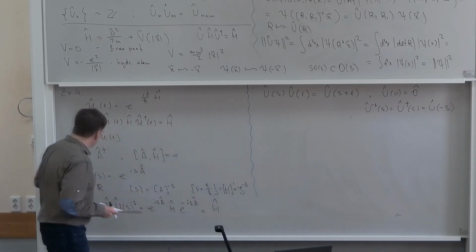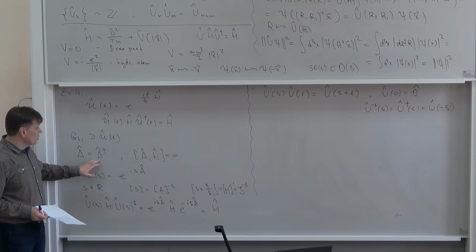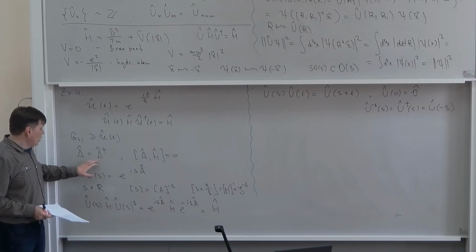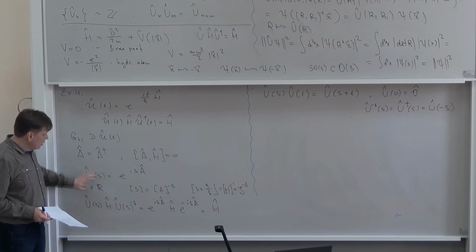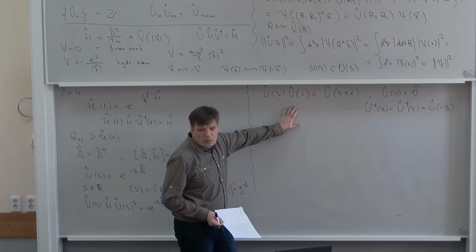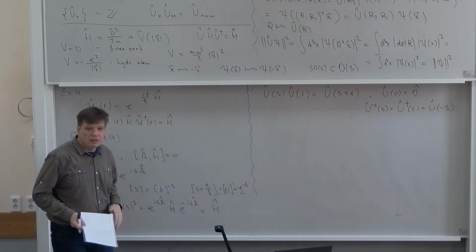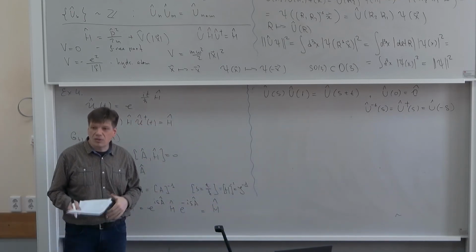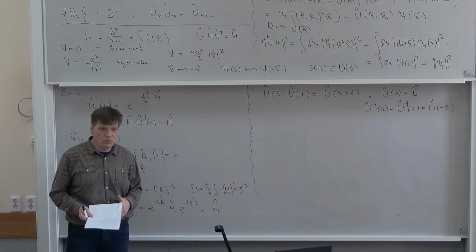So we see that to each integral of motion A, we can associate a one-parameter group of symmetries of the corresponding Hamiltonian. It turns out that the converse statement is also true.